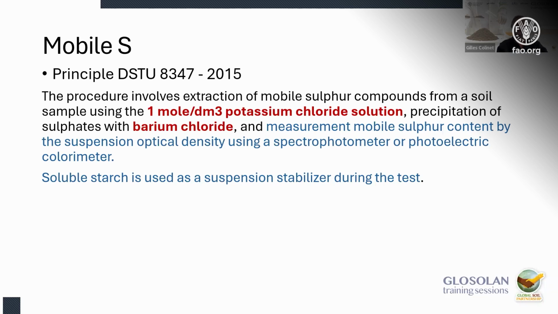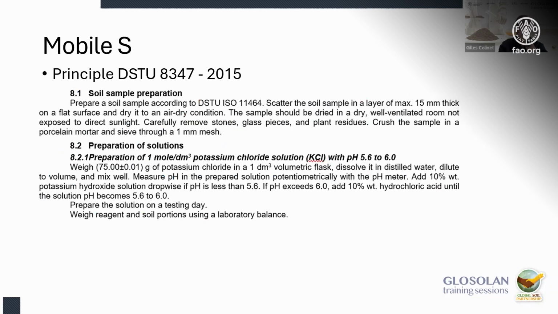You measure the sulfur by optical density using a spectrophotometer or photoelectric colorimeter, and you should add soluble starch, a suspension stabilizer, during the test. So that's the method of Ukraine, and we thought it was simpler to take the same extractant and directly measure it in the solution.